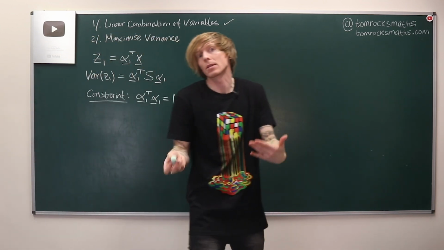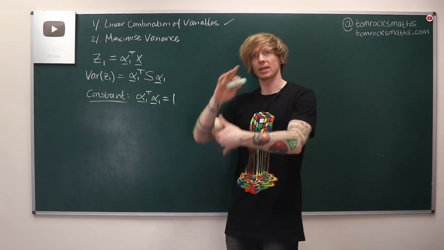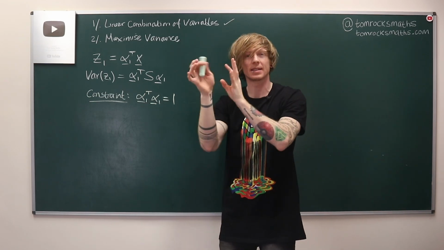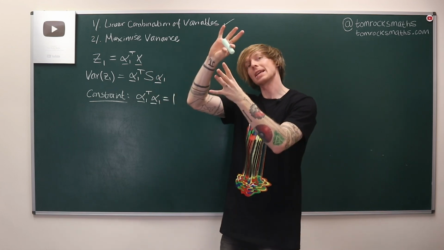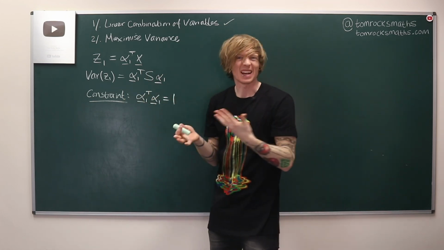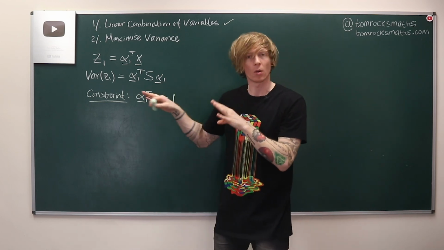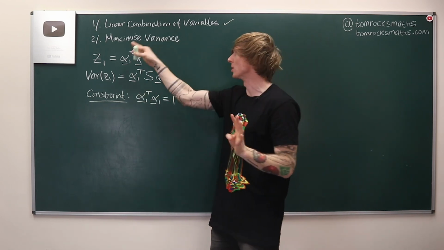So the vector has length 1. Now again, if we think about the fact that alpha is really just a rotation of our axes in whatever dimension we may be working in, p dimensions here, then the size of alpha is actually irrelevant. It's the ratio of those coefficients that tells us how much of each variable to take.